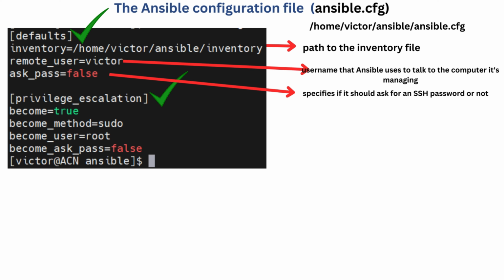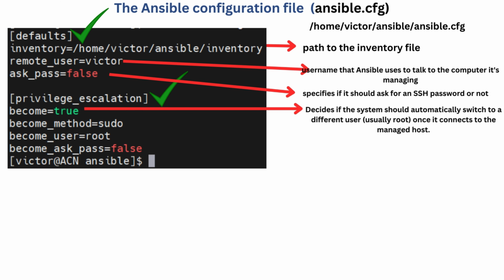So whenever the user Victor is going to be running the Ansible operation with the SSH, it should not ask for a password. And if Ansible cannot execute the task as the user Victor, let there be an escalation to a privileged user. And that's why we have the privilege escalation section. Under the privilege escalation section, we have parameters such as become equals true, meaning that yes, let there be a privilege escalation.